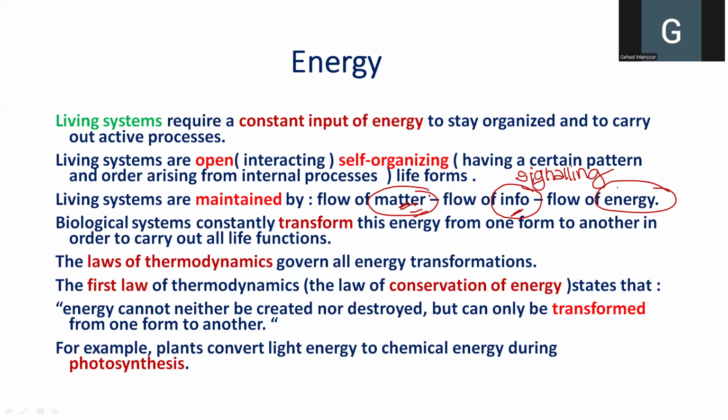Any biological system or living system will display different forms of transformation of energy from one form to another. For example, in green plants, you can see that the light energy from the sun will be transformed into potential energy or chemical energy in the bonds of glucose.